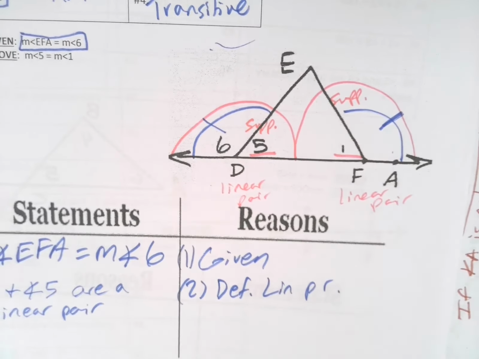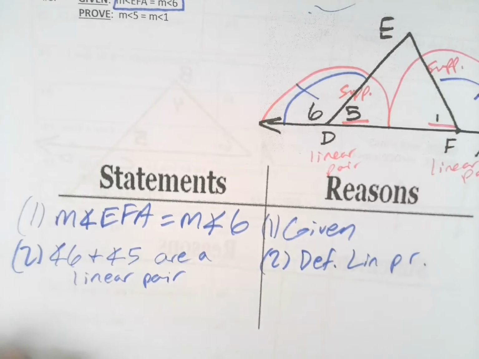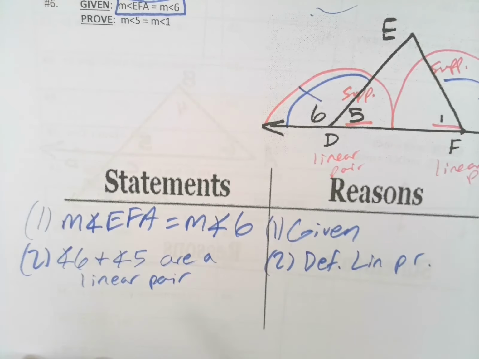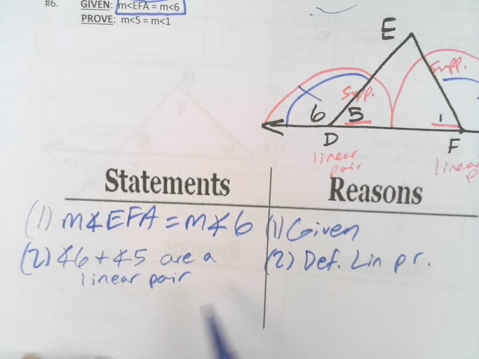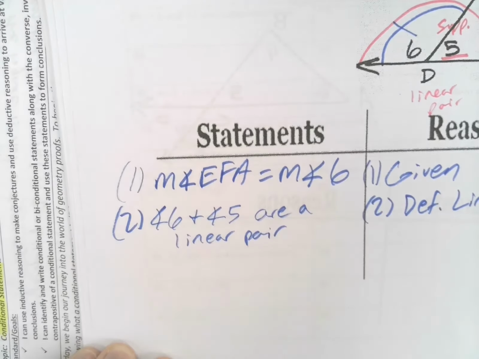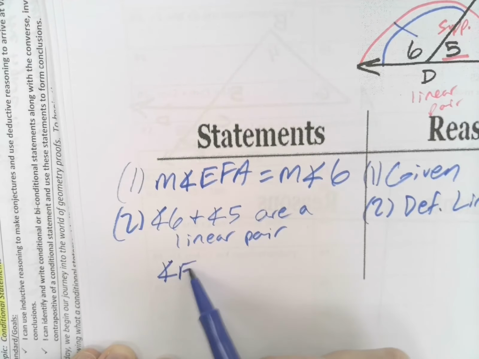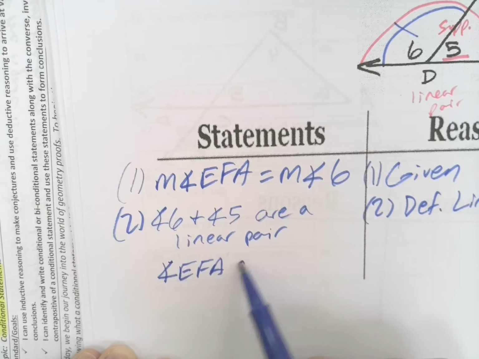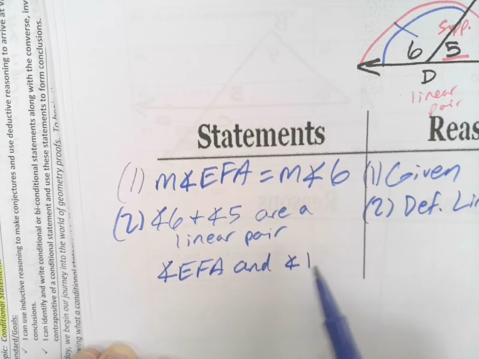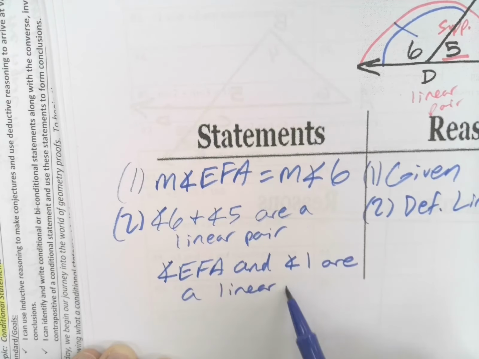How about next up? What are you guys thinking? Step 3. Well, how about before we even worry about step 3, what else could we say is a linear pair? Well, how about angle EFA and angle 1? Aren't those a linear pair also?